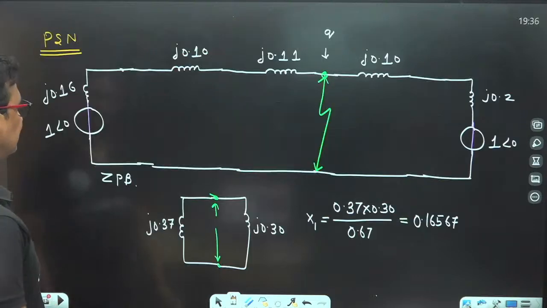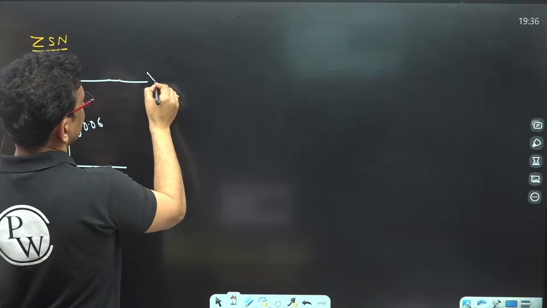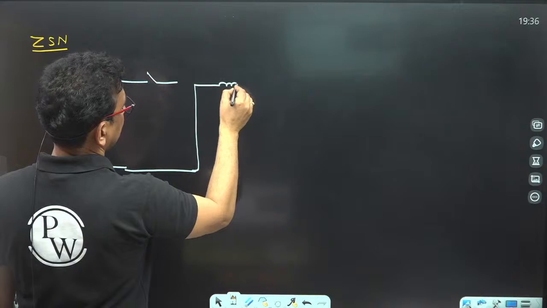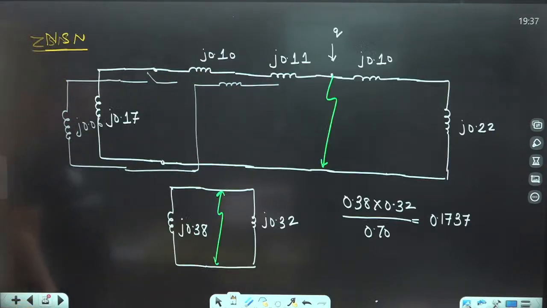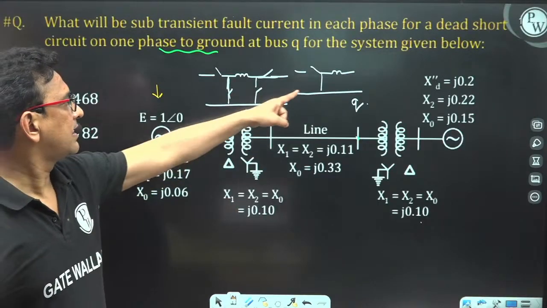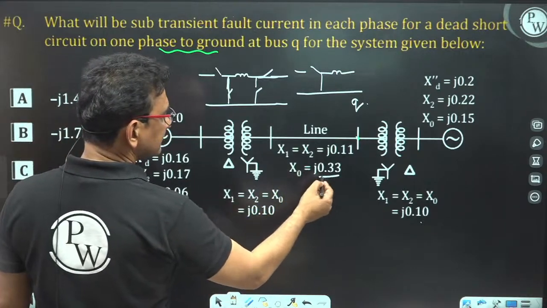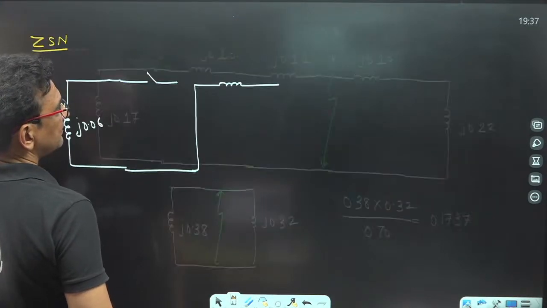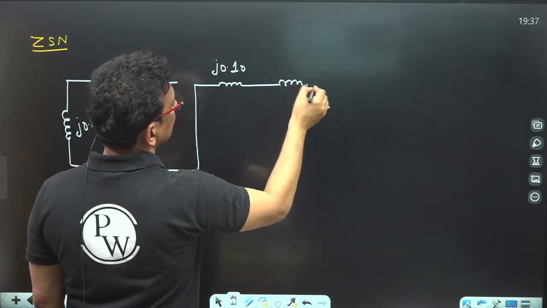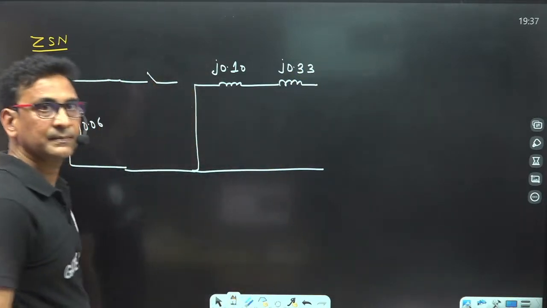Clear? Its value is J 0.10. After that, the line reactance is J 0.33. Clear?